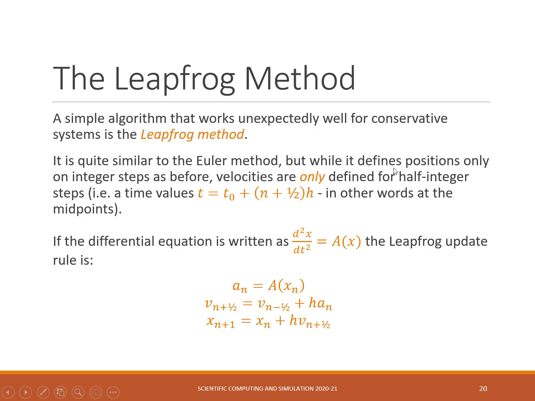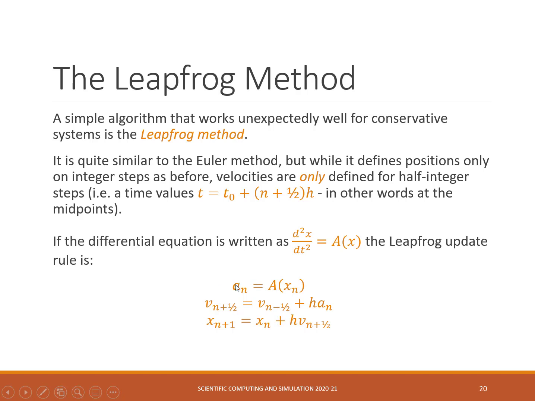It evaluates positions only on integer steps, as the Euler method does. However, velocities are only defined for half integer steps. So the update rule for solving a second order equation like this is formulated as presented here.